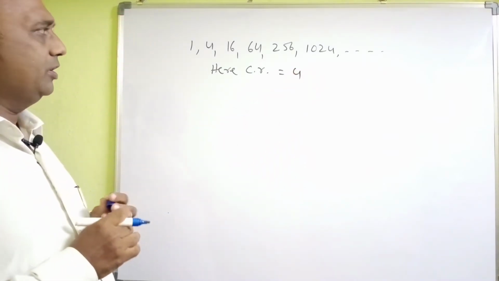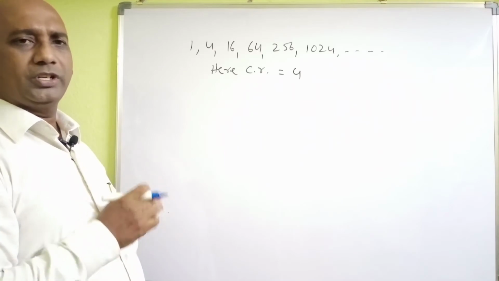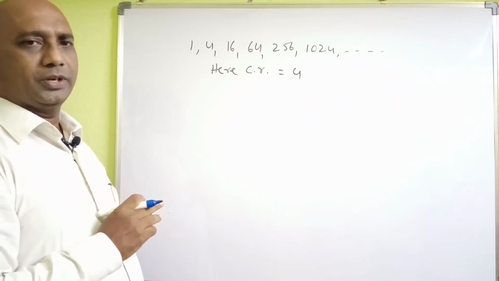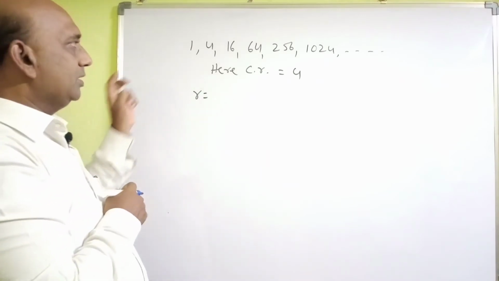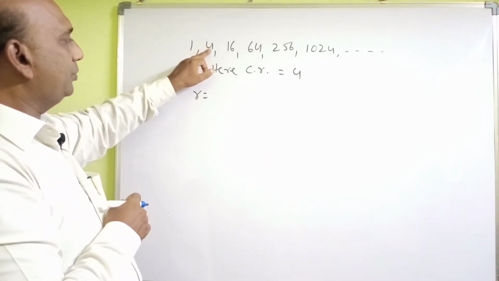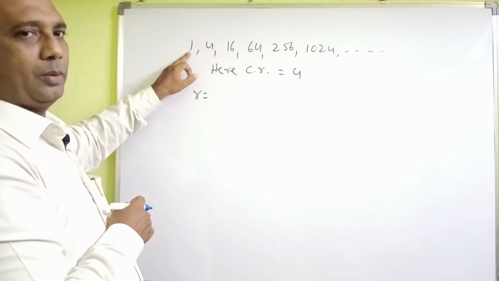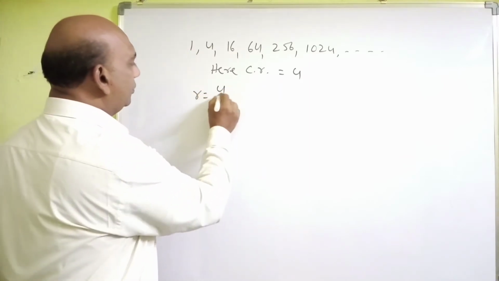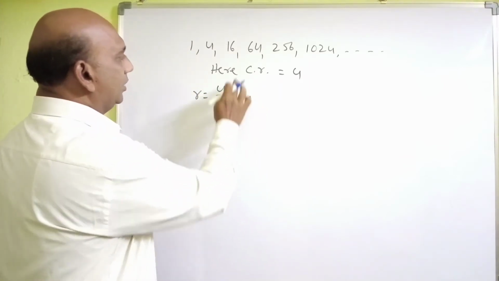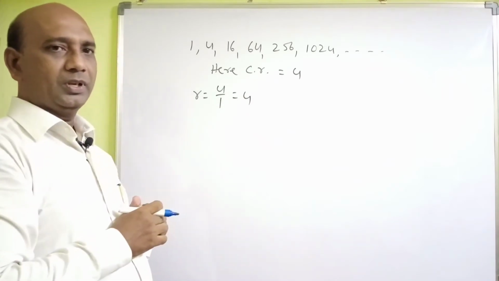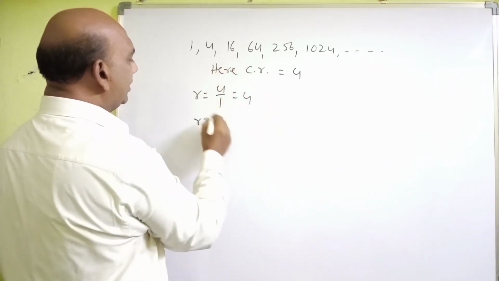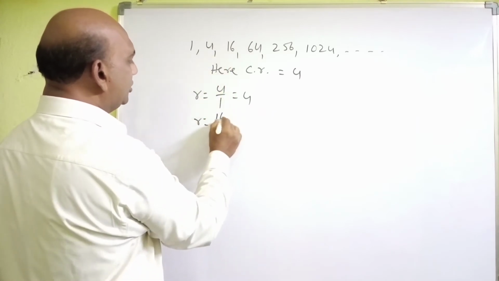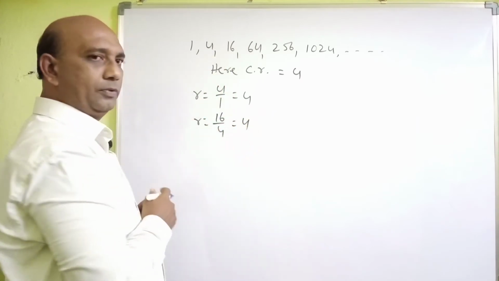To find the common ratio in any geometric progression, the second term divided by the first term gives the common ratio, that is 4 by 1, that is equal to 4. Or third term is divided by second term, that is 16 by 4, which gives 4.